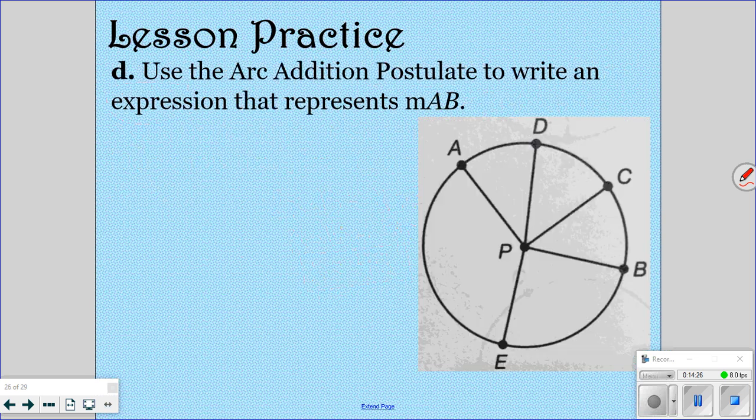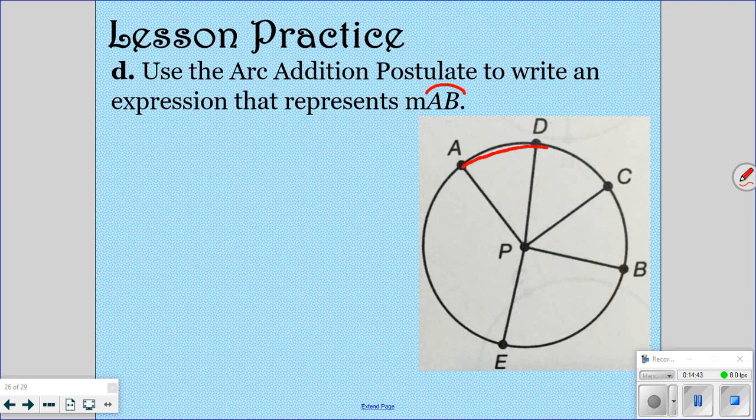Okay, looking at this practice problem, we want to use the arc addition postulate to write an expression that represents arc AB. So AB, this is going to be the minor arc. So we're going to have to make it less than 180. So we know we're going to do that arc.